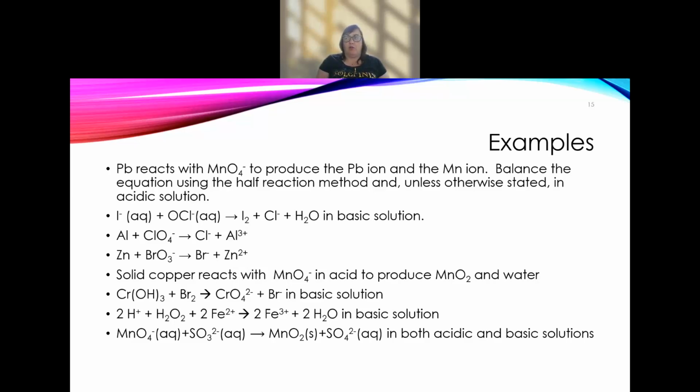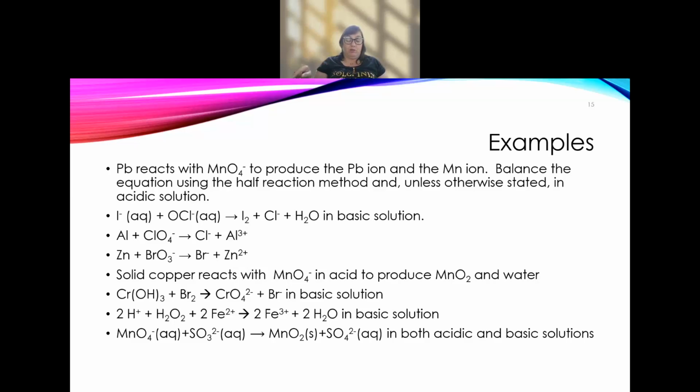Last one. MnO4- + SO3 2- goes to MnO2 + SO4 2- in both acidic and basic solutions. Okay, so we have our MnO4- going to MnO2. We have SO3 2- going to SO4 2-. Mn and S are okay.